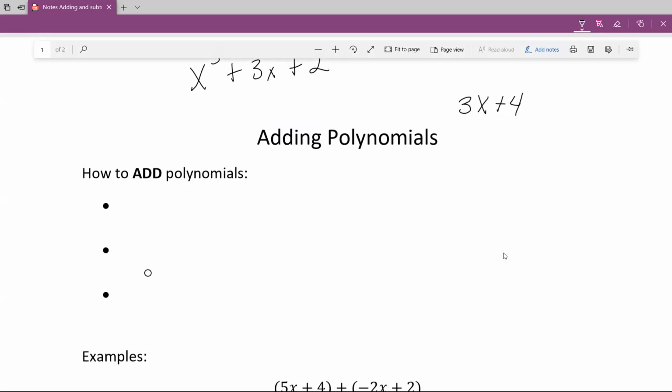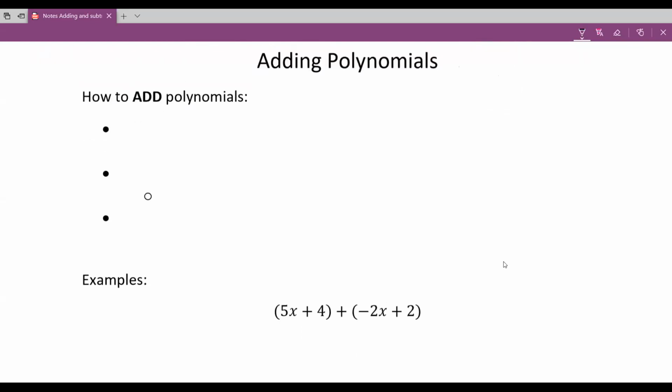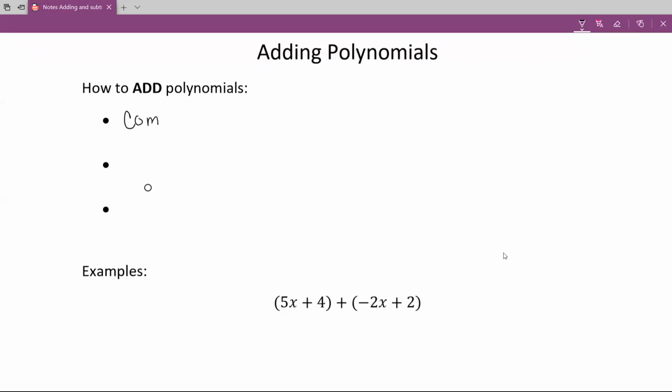So if we wanted to add polynomials, we're going to combine terms with identical variables. In other words, our like terms.